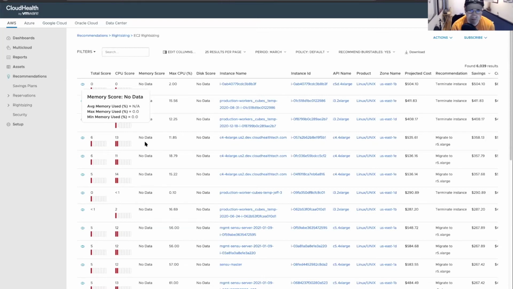There are agents you can install from CloudHealth to collect that data if you want it. You can get stuff through just native CloudWatch enhanced performance monitoring metrics, which tend to generate extra cost in AWS. And I usually advise against turning that on unless you absolutely need it for something like an auto scaling group.